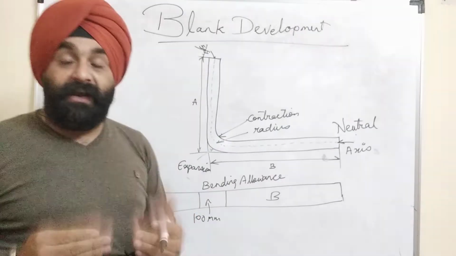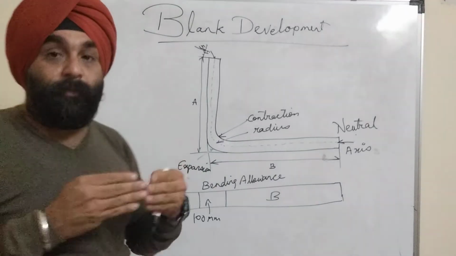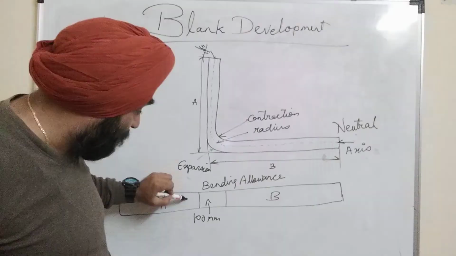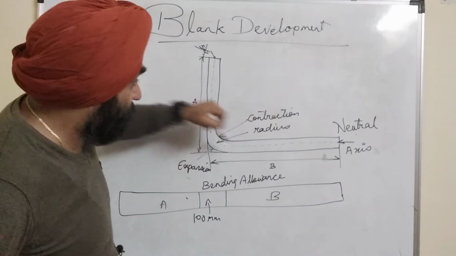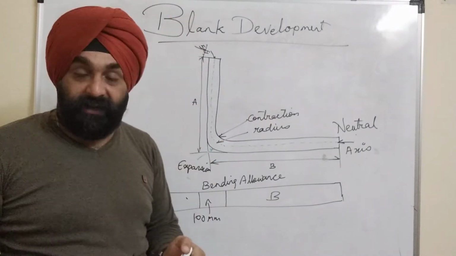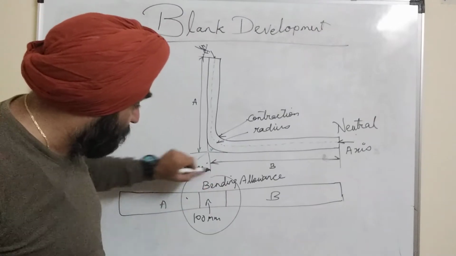Bending allowance is an allowance which needs to be allocated in the blank, so that after my bending I will get the desired size as per the drawing. So this we have to incorporate in the design.